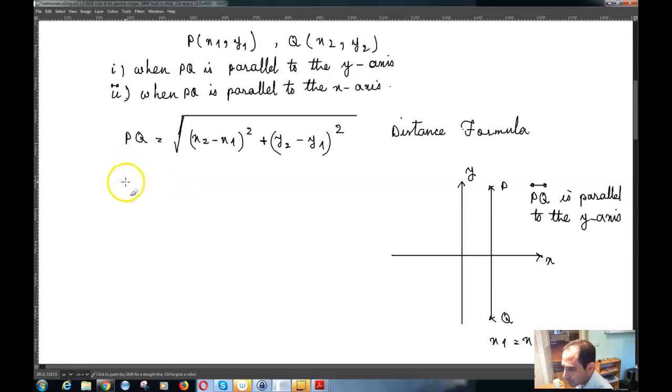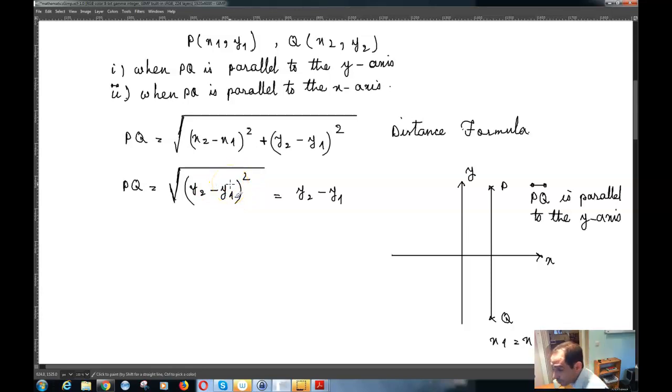So you can write this as PQ is equal to the square root of y2 minus y1 whole squared, which can be written as y2 minus y1, because you're using the square root function, basically this is definitely a positive value.